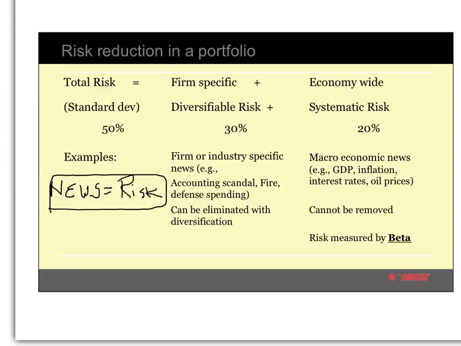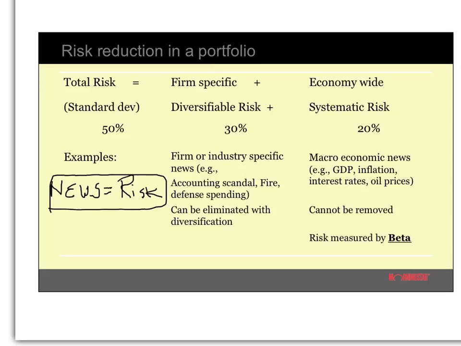Now, there are two kinds of news broadly. One component of news is very specific to a firm or an industry. So, for example, the plant that Apple runs, there might be a fire or there might be a labor strike. Now, this kind of news can be eliminated when you have many assets in a portfolio.